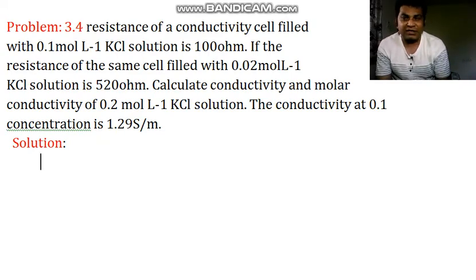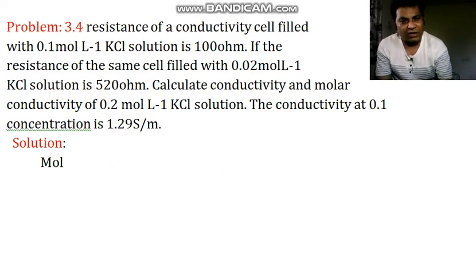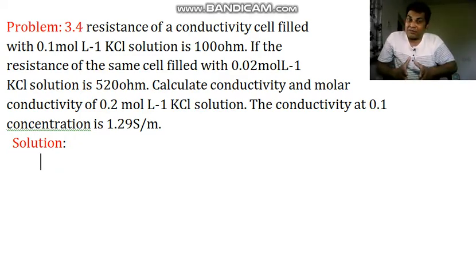Molar conductivity is nothing but the conductivity upon concentration, as we have decided. Now the exercise, that is, the illustration given in the textbook, that we are going to do just now.